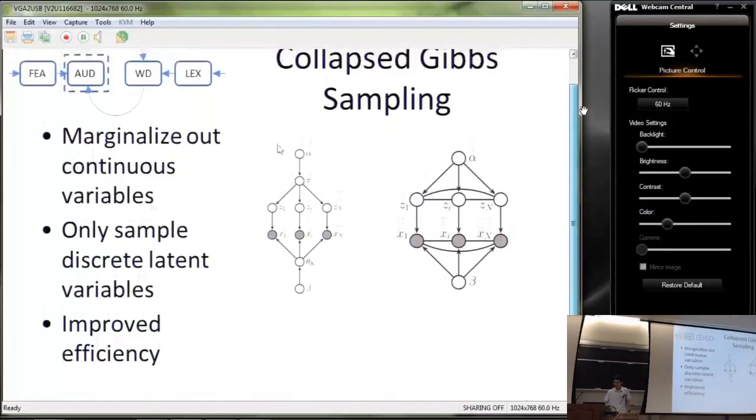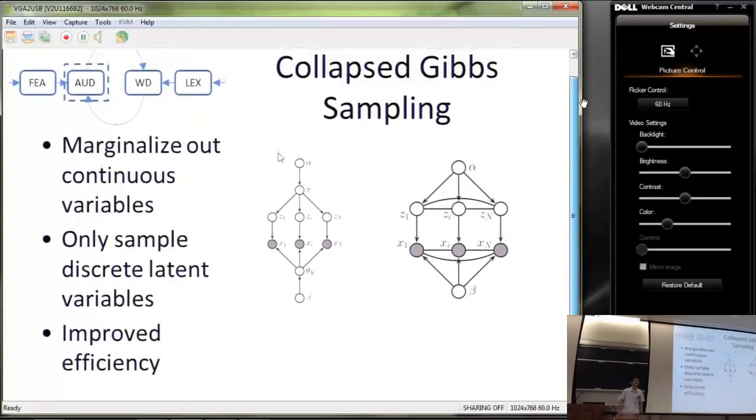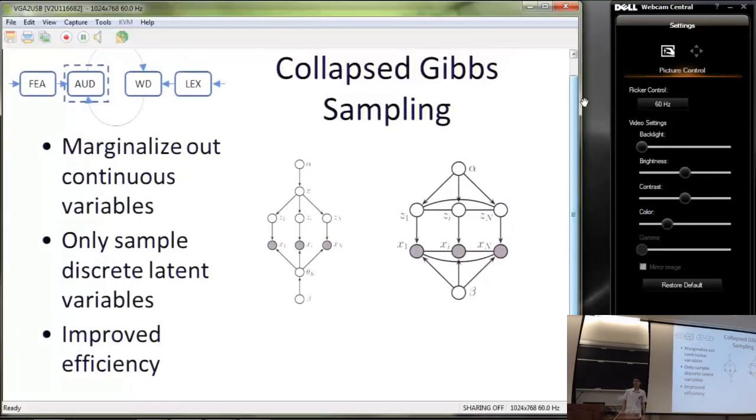And here's a high-level graphical model illustration of what we mean when we say we do something in the collapsed way. On the left, we have a typical Bayesian Gaussian mixture model where we have the observed data and the latent variables, which are the cluster IDs, and the parameters for the Gaussians and the weights for the Gaussians.